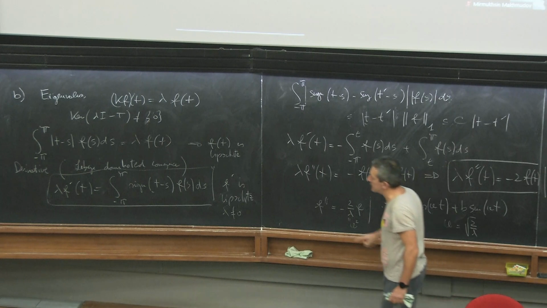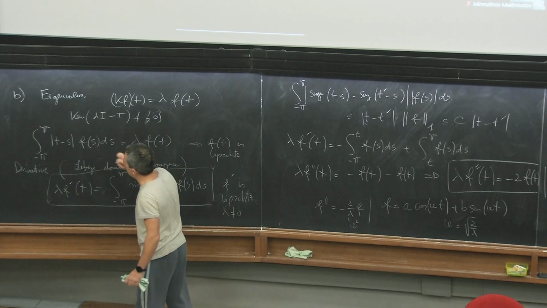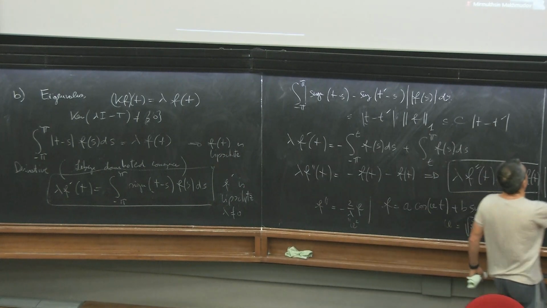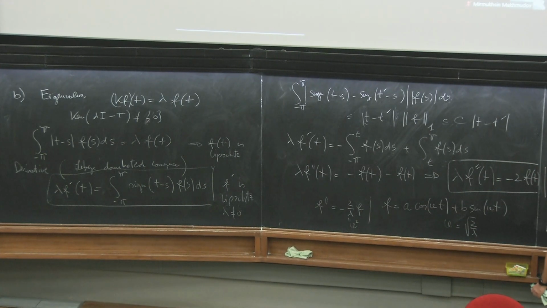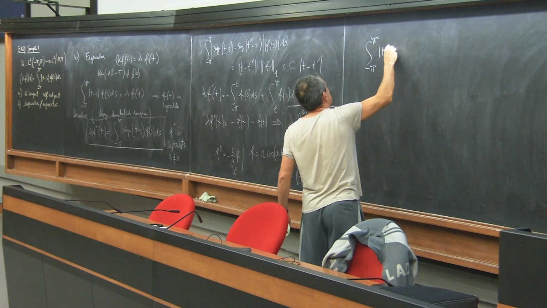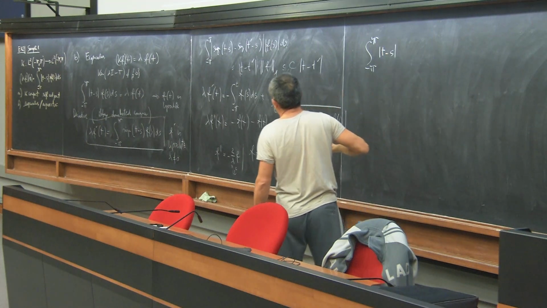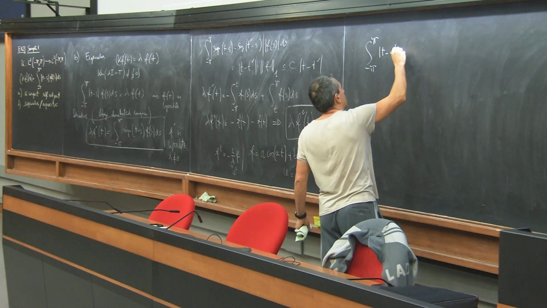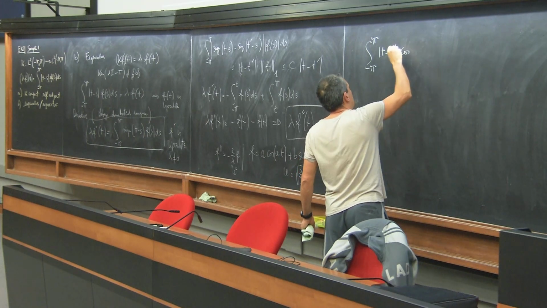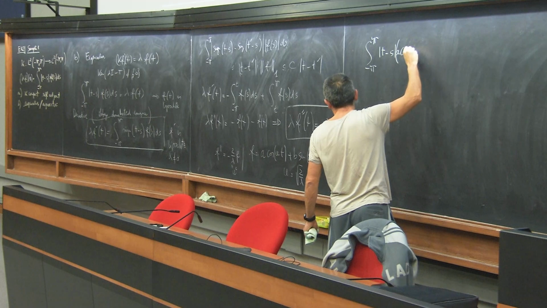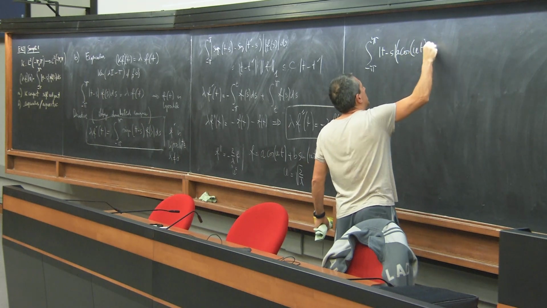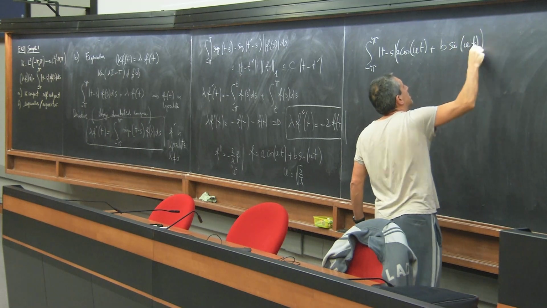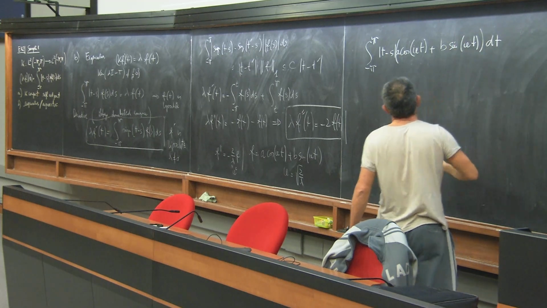So now I plug it inside the formula, and I have to get an equation for lambda, which is the integral of t minus s, a cosine of omega t plus b sine of omega t dt.